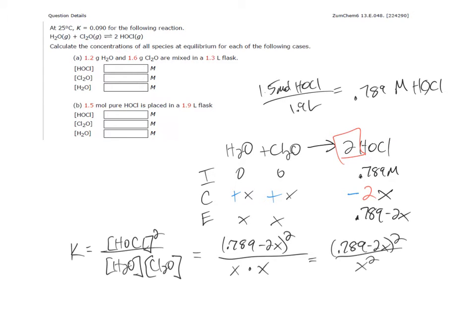Back up at the top of the problem, they give us a numerical value for K. So let's set that equal to our expression. And then if you want to get rid of the squares, we'll simply take the square root. So if we root both sides, it's just a little bit of algebra from here.